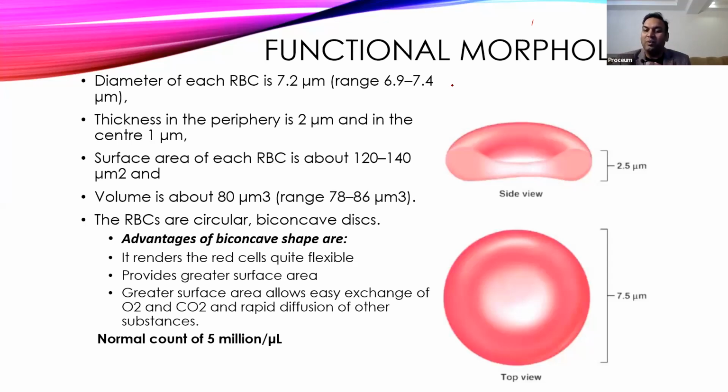If you change the shape of that cell, the membrane is stretched, which increases wear and tear of the cell membrane and leads to more damage to the RBC. That is the advantage, and it makes the RBC very flexible.